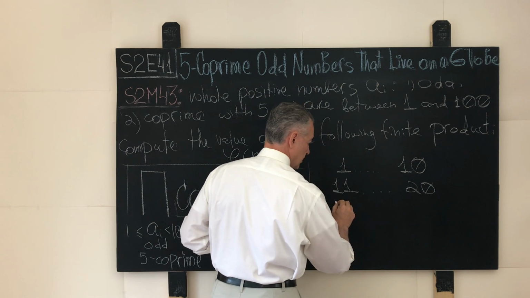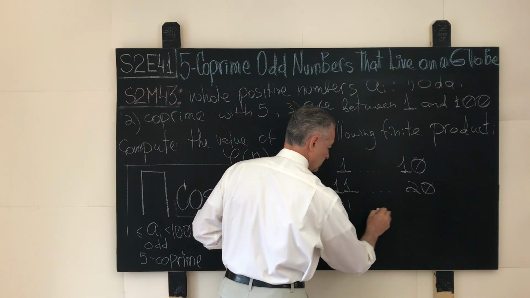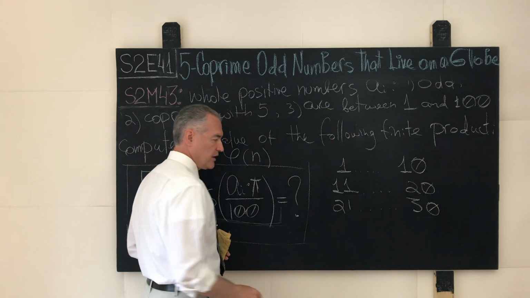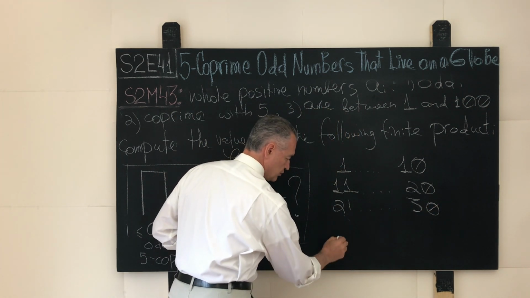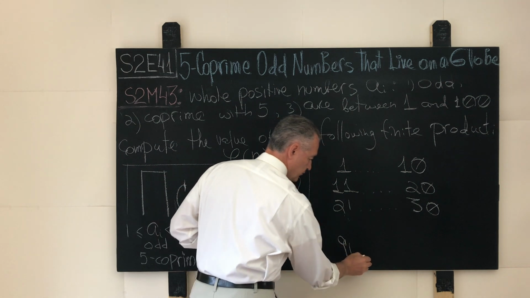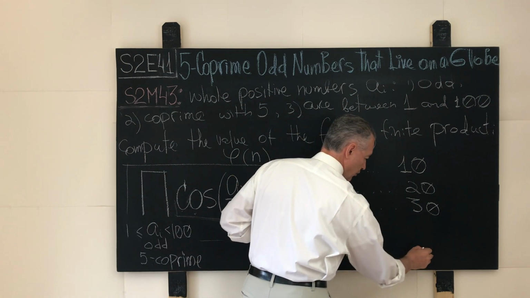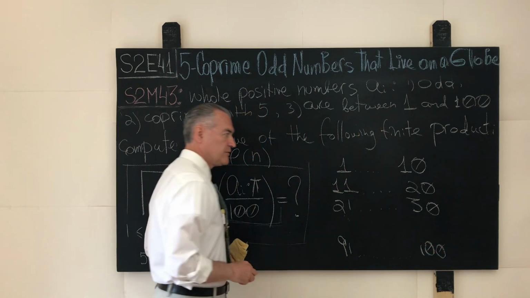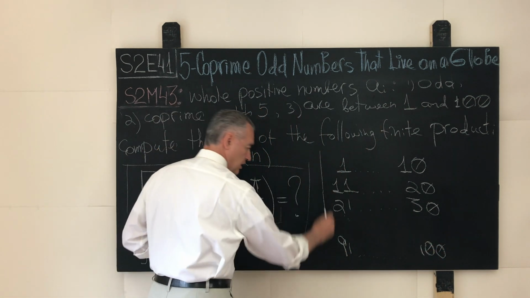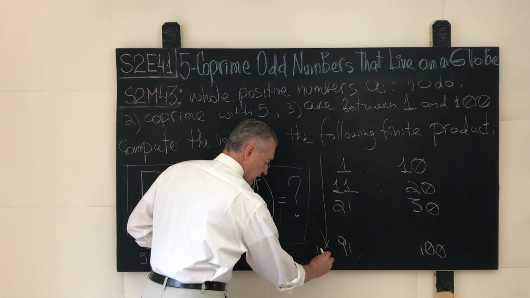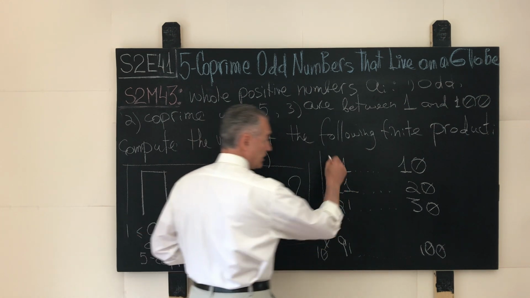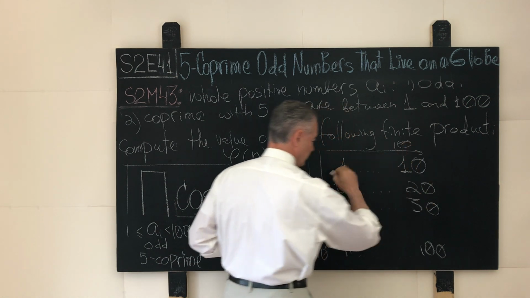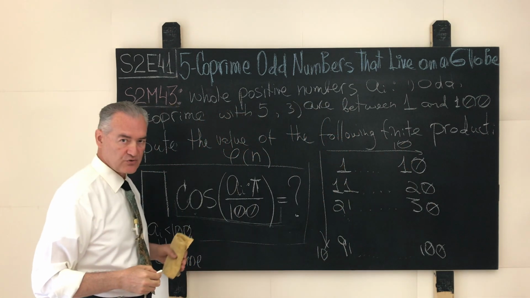The other such block will run what, from 21 to 30 and so on, all the way to the 10th block of consecutive whole positive numbers that run from 91 to 100. 10 blocks, 10 strings like this, and in each such block we have 10 numbers as well. 10 times 10 is 100.